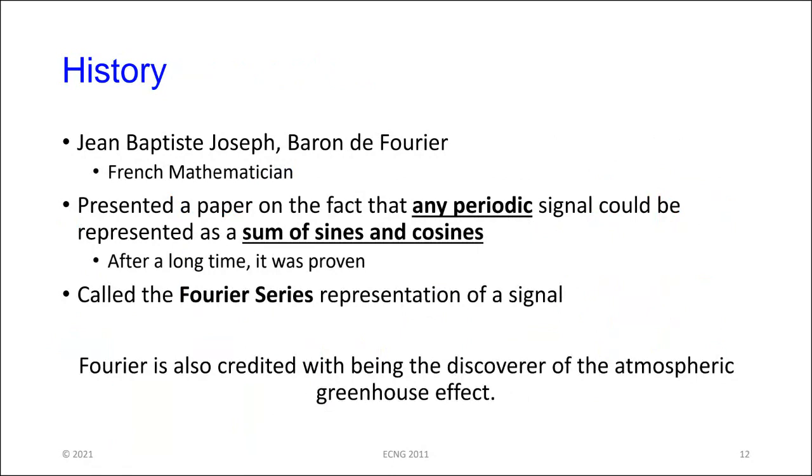Now, this behavior was actually discovered by Joseph Fourier, right? Actually, his surname wasn't Fourier. He was the Baron of Fourier. That county, his surname was really Joseph. But anyway, he came up with the idea way back when that any periodic signal could be represented as a sum of sines and cosines.